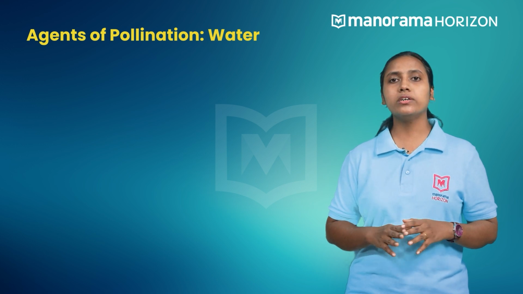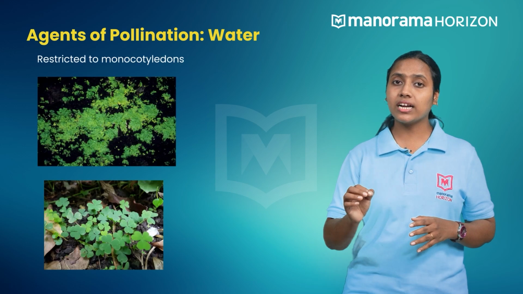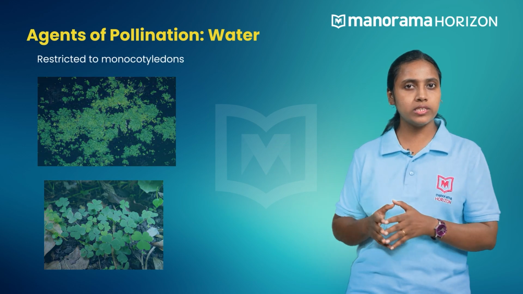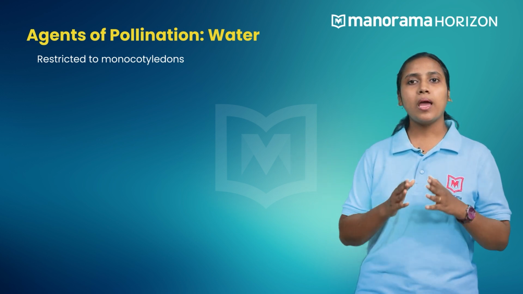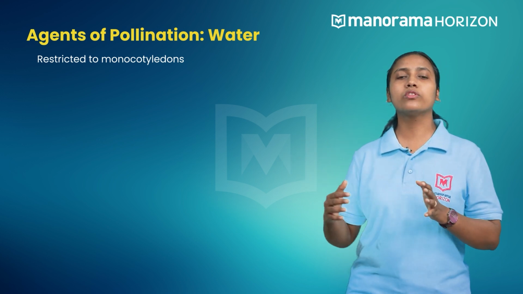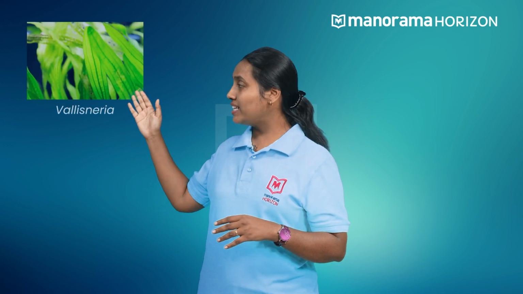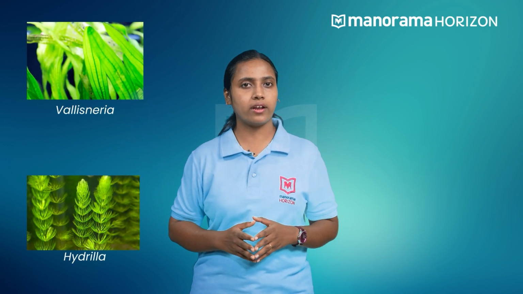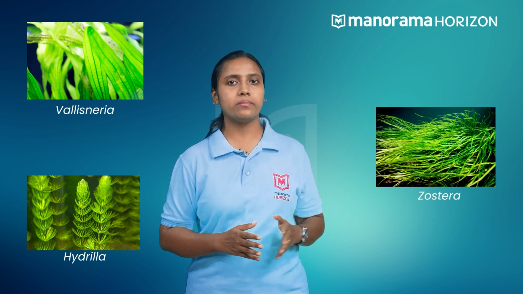Pollination by water is mostly not exhibited by flowering plants and is confined to monocotyledons, while algae, bryophytes and pteridophytes mainly depend on water for the transport of their male gametes. Examples of flowering plants that depend on water for pollination are freshwater plants such as Vallisneria and Hydrilla, and marine sea grasses such as Zostera.